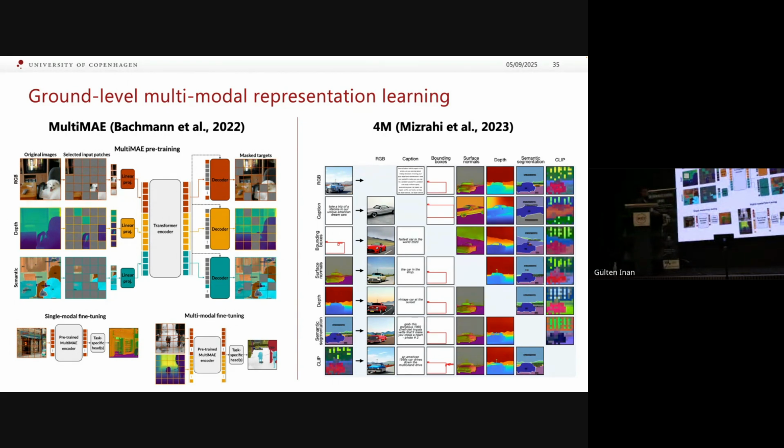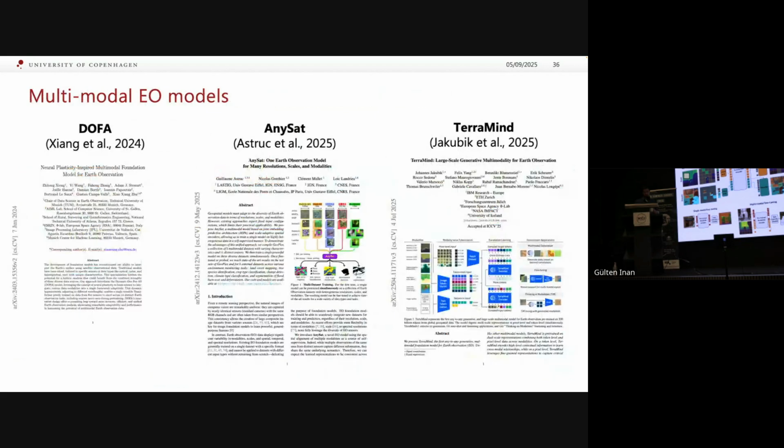And it was recently also taken and, for instance, trained on Earth observation data. So this is this TerraMind model that is also freely available, developed by NASA and IBM. So yeah, a lot of these things are taken from the computer vision ground level domain and then also explored in the Earth observation domain.